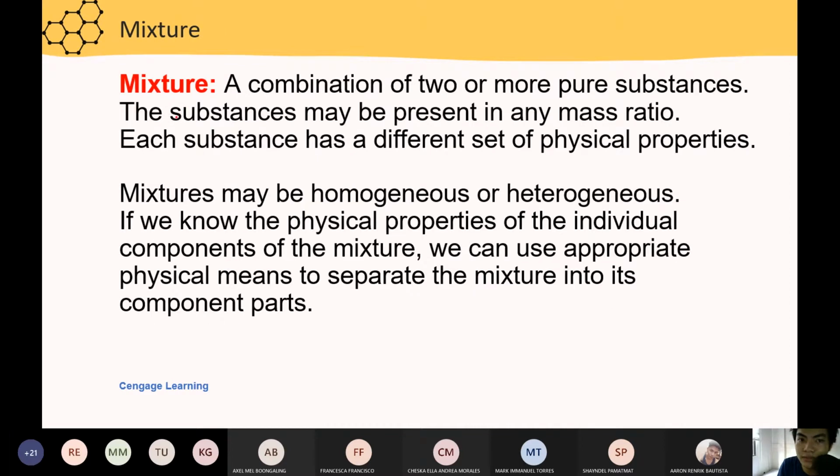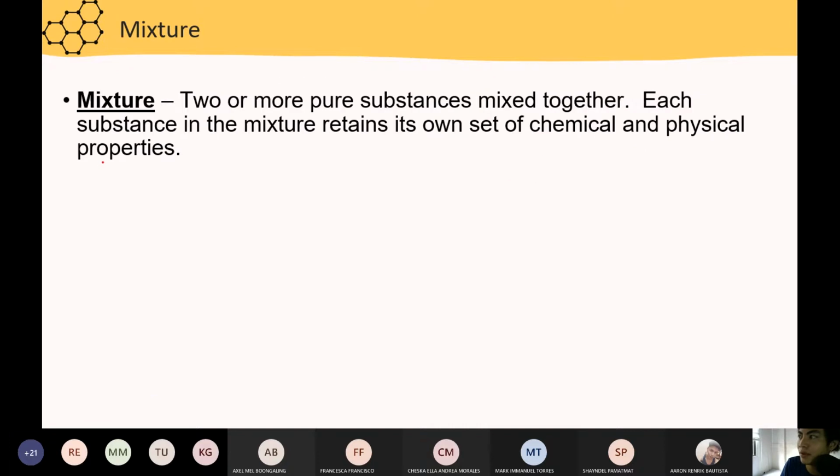For mixture, this is the combination of pure substances, and it is important for us to know that the properties of the substances in the mixture are retained. What does that mean? For example, in a dextrose solution, it's a combination of water and glucose.